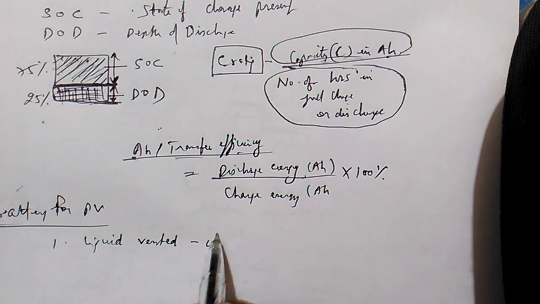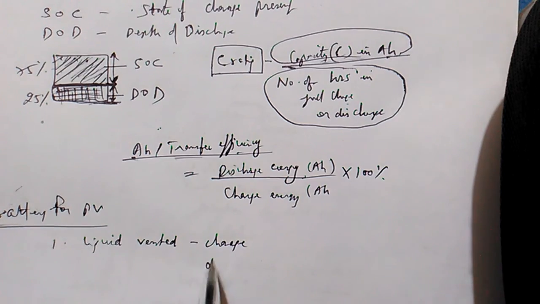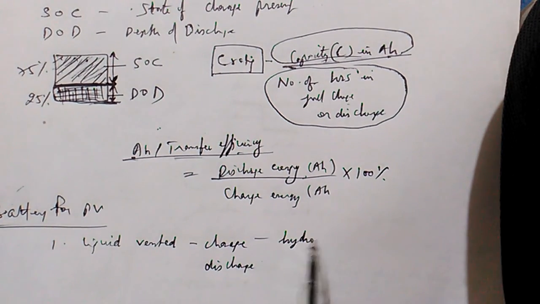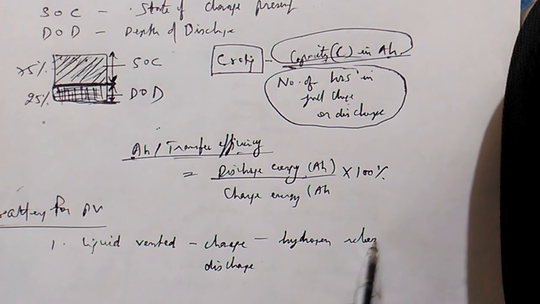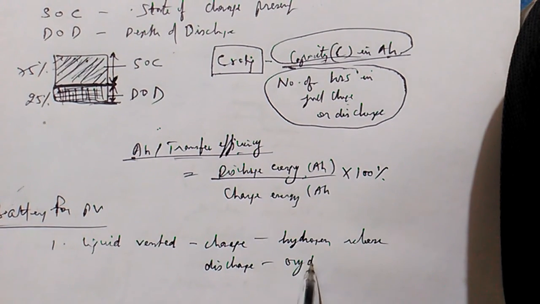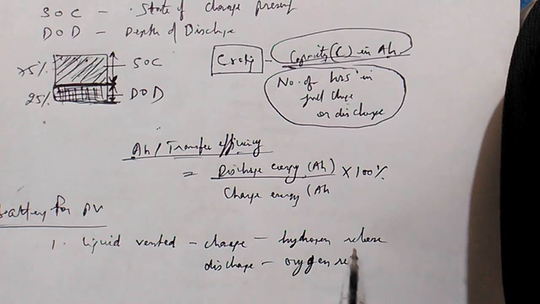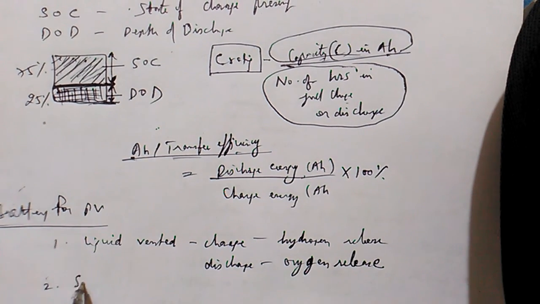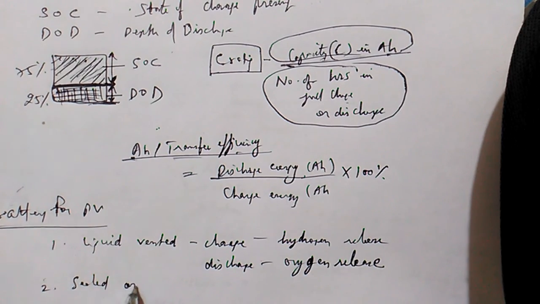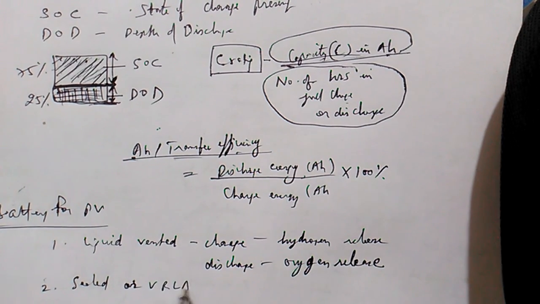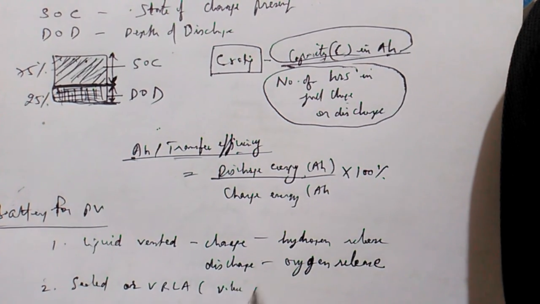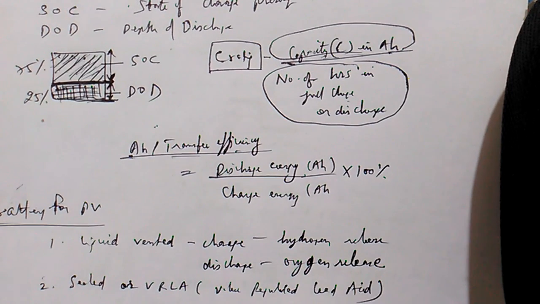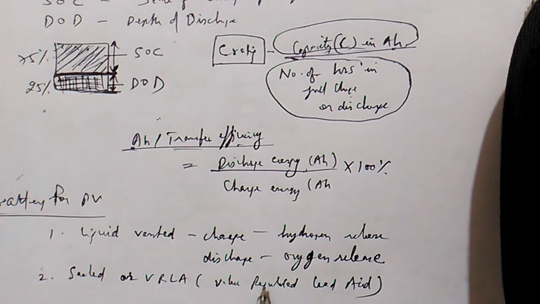In this, when the battery charges, hydrogen is released, and when it discharges, oxygen is released. The second type is sealed, or VRLA. VRLA means valve regulated lead acid.